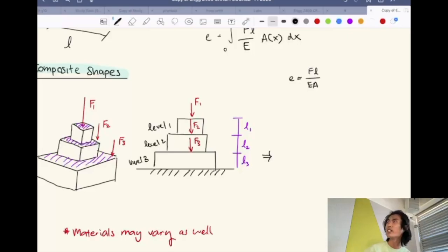It's a good way to remember it. What do you guys think will happen? Level 1, which is the top one, is equal to F1 L1 over E A1, right? What about level 2?